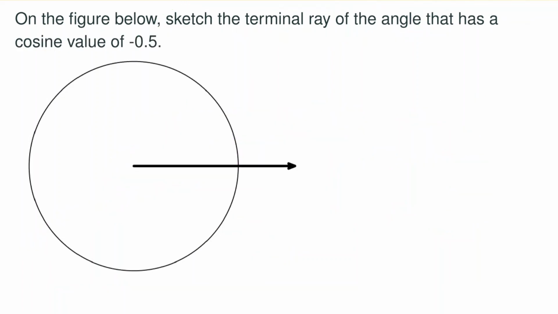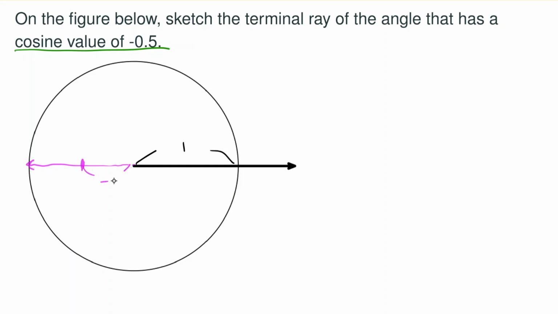In the figure below, sketch a terminal ray of the angle that has a cosine value of negative 0.5. Since it doesn't specify, let's assume the radius length is 1. And since cosine is negative 0.5, that means the horizontal distance, here is negative 1, and here will be maybe negative 0.5.